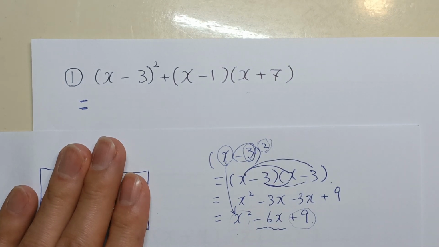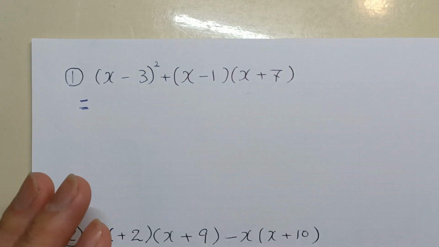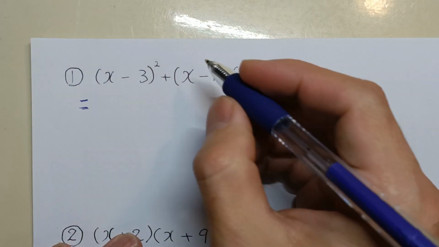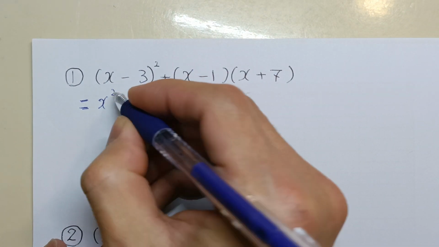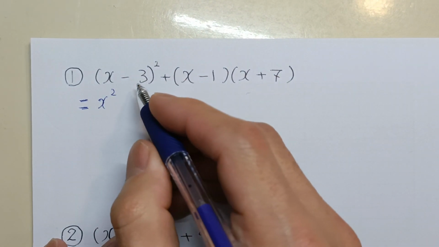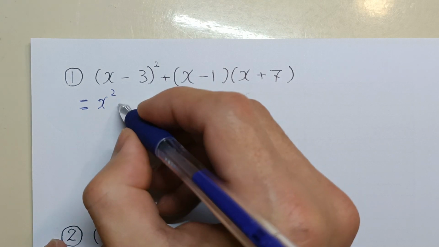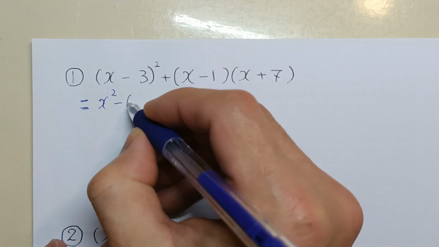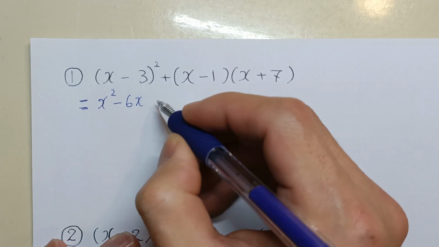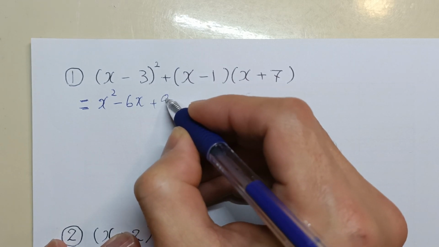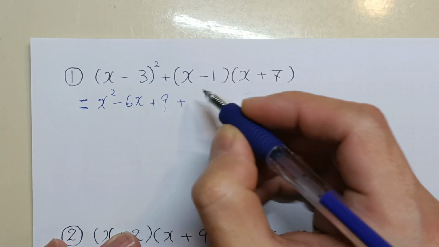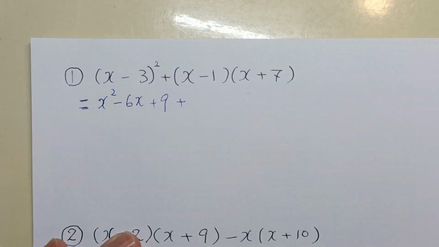It's gonna be the answer, right? So we are using this system. So x squared, x times negative 3 is negative 3x, and then double it, negative 6x, and then negative 3 times negative 3 is 9. Then this one is a different type, isn't it?